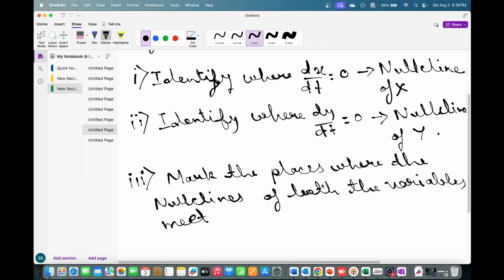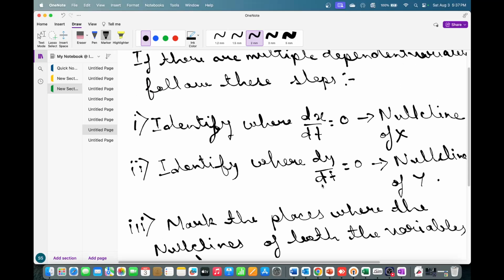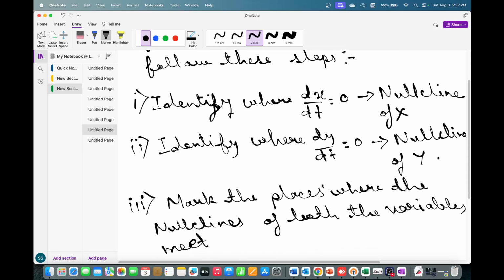Now this is how you identify steady states in a 2D system where the system is dependent on both x and y.